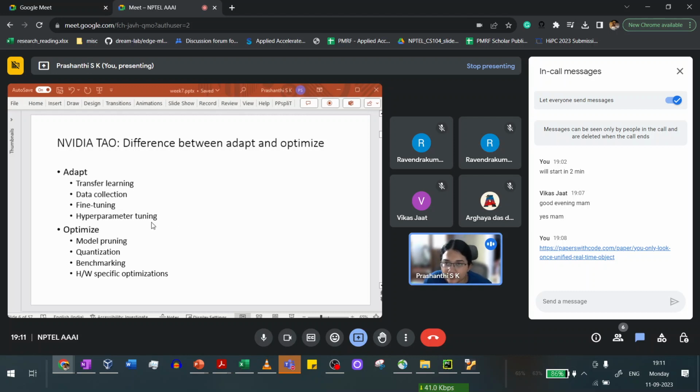For instance, what batch size do I use, what optimizer do I use. These all come into the adapt phase. Optimize is things like pruning of the model, quantization, and some hardware specific optimizations. Let's say you're trying to run it on a particular GPU and you do some optimizations which address that. Similarly, it could also be benchmarking. It could be a lot of these things.